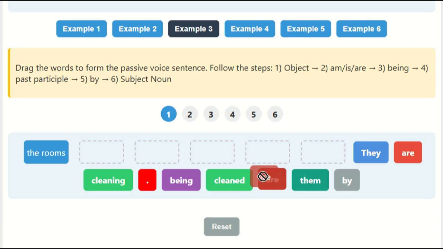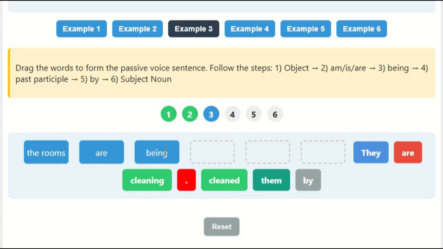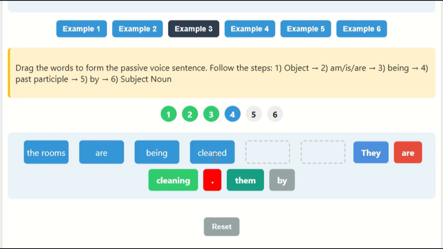Remember to use are, because the object rooms is a plural noun. Then bring the being verb. And finally the past participle form of the verb cleaning, which is cleaned. Right, the rooms are being cleaned. Are you following me?